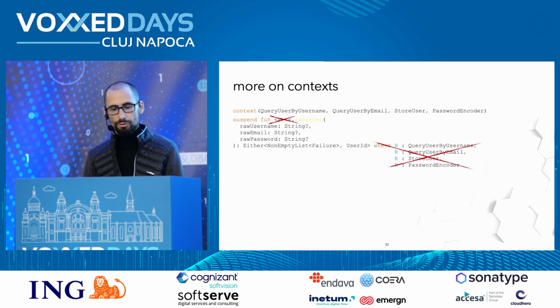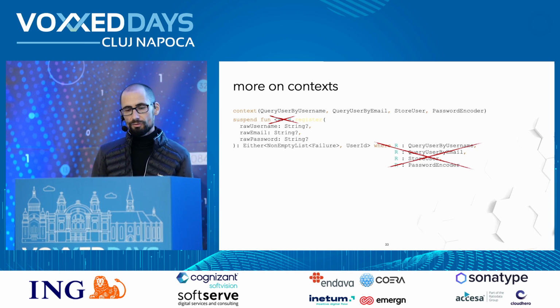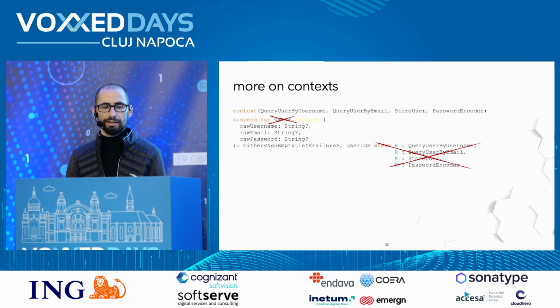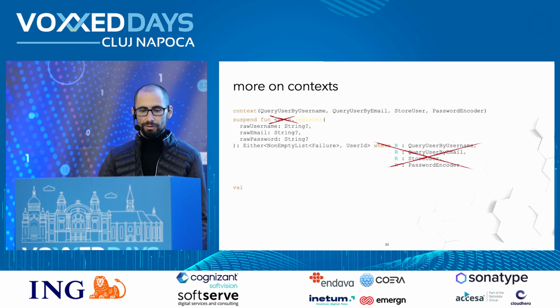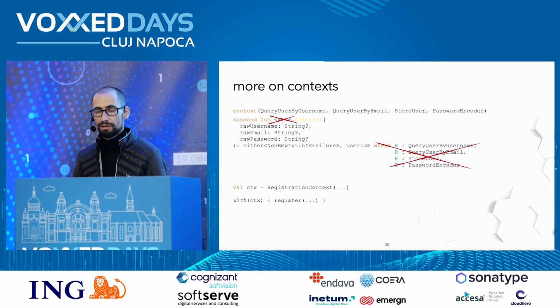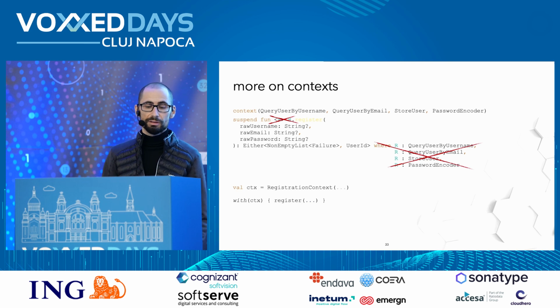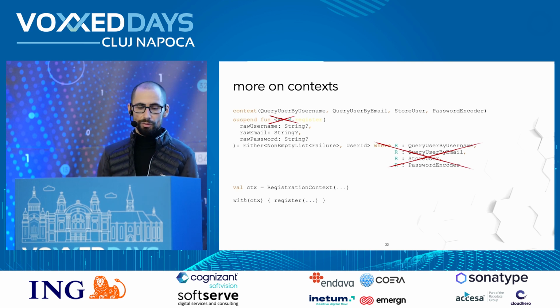And if you look at this, you can read it like this. In the context of X, Y, Z, I can invoke this function. And this is the only thing that changes, because we're still going to use delegation, we're still going to use the scope functions to be able to call any functions that are part of our context.